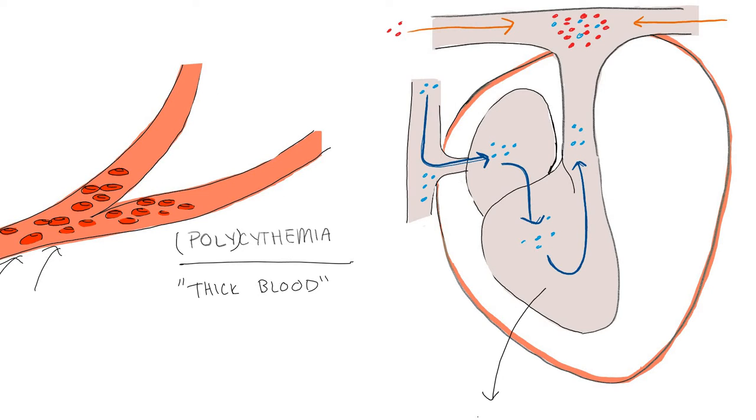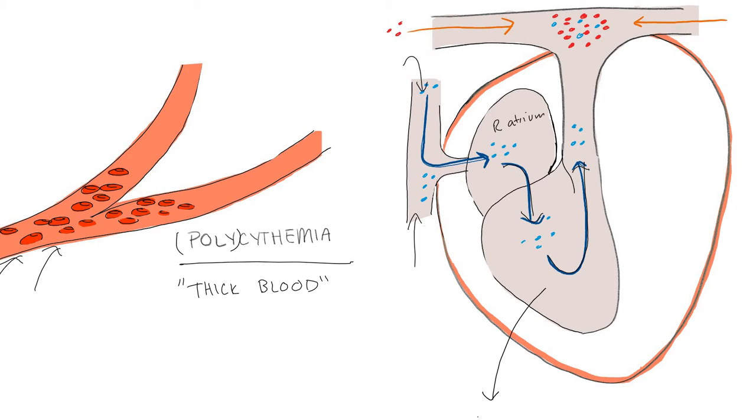So you have blood that's coming in through the inferior vena cava and superior vena cava to the right atrium. Now, this blood is unoxygenated and it's coming to the heart to become oxygenated. So, because it's dumping into the right atrium, it's going to go into the left atrium right here, and then it's going to go to the pulmonary arteries.